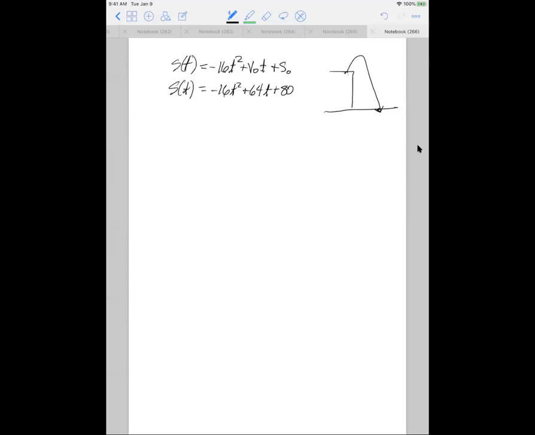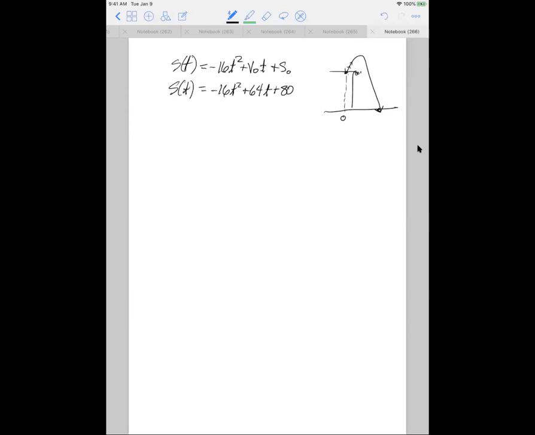And this is our start point. We're saying that this is at 80 feet, 80 feet, okay? And this is our time 0, all right? And we're at 80 feet, and the initial, it's propelling up at 64 feet per second.